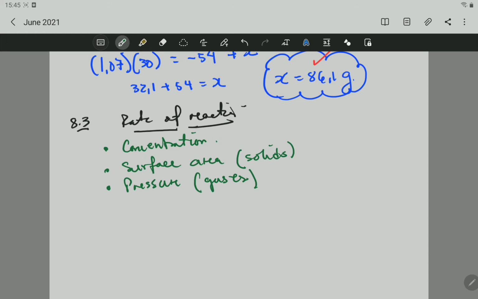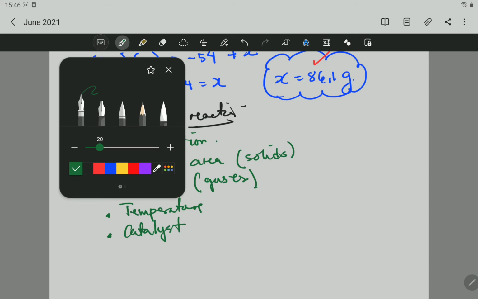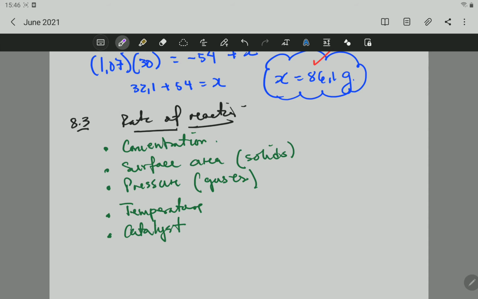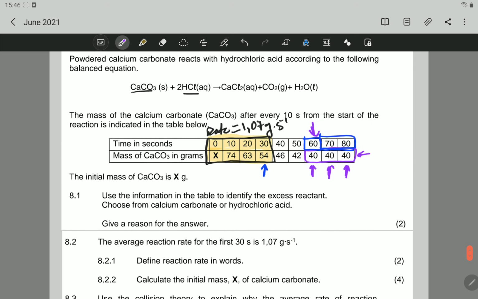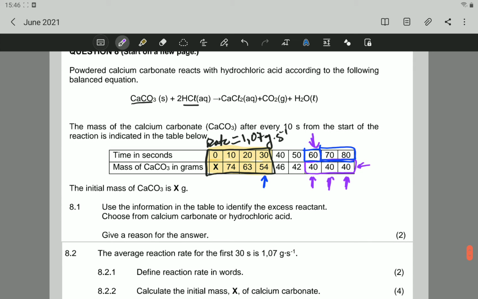Okay, so we have concentration, surface area, pressure, temperature, catalyst, and nature of reactant, which I'm not going to write there. Now, from all these factors, we have to identify which one affects the rate of the reaction in this situation.